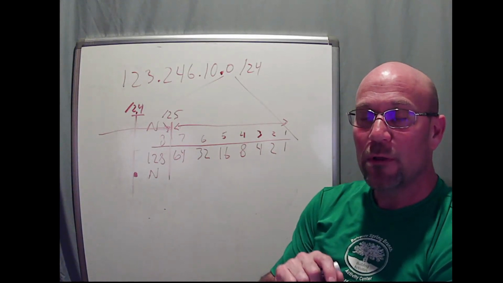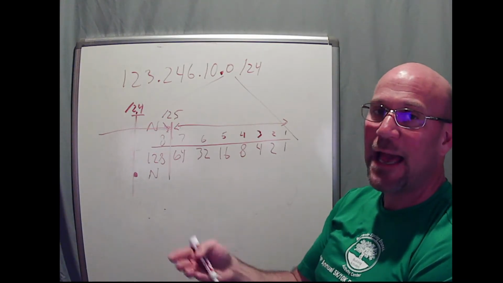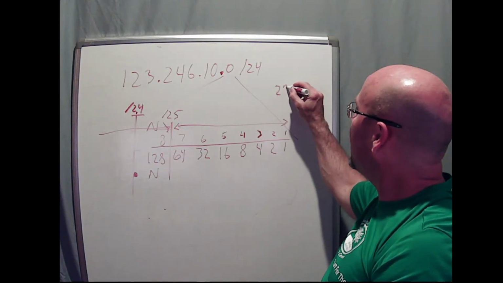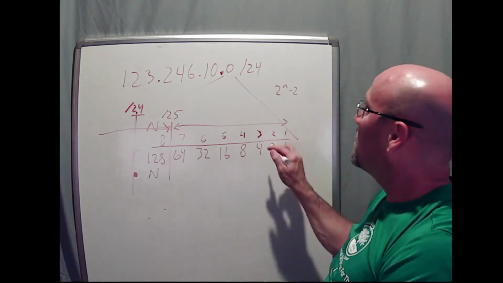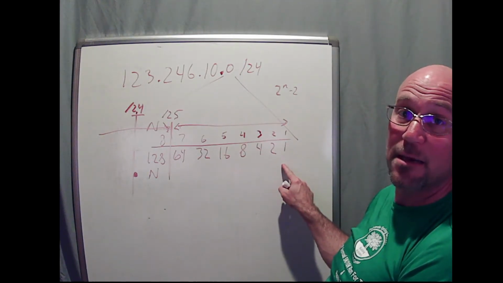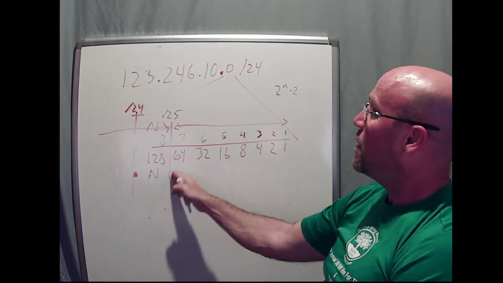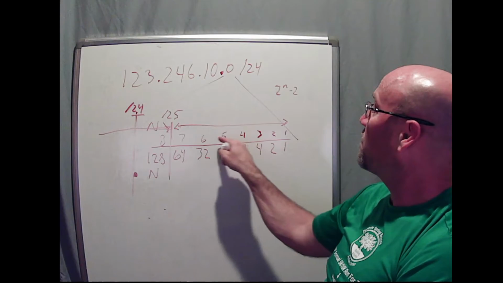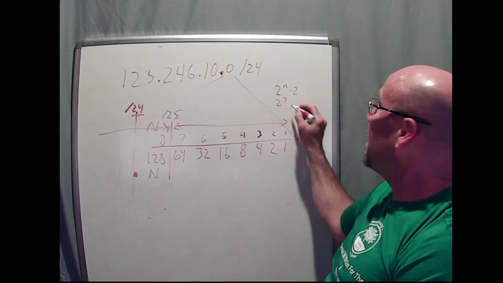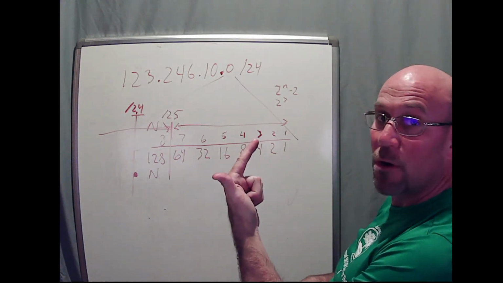A rule in calculating how many addressable hosts you have on a subnet is 2 to the nth power minus 2, where n equals how many host bits you have in a subnet. Well, in this one that we just slid over, we only have 1, 2, 3, 4, 5, 6, 7 host bits. 2 to the 7th power, I like to count it like this: 2, 4, just double.